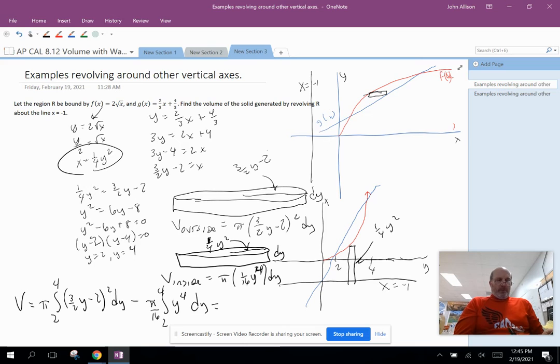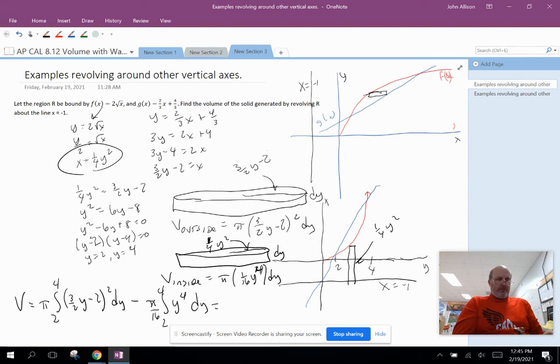Instead of 3/2, I'm going to put 1.5 just because it's easier to type in the calculator. I'm going to replace in that TI-84 the y's with x's. Minus 2, close parentheses, and then square that because that's inside the integrand. And then the variable I'm integrating with respect to has to be consistent with what's inside the integrand. And then minus, now I haven't multiplied by pi, but I am going to go ahead and multiply this one by 1/16.